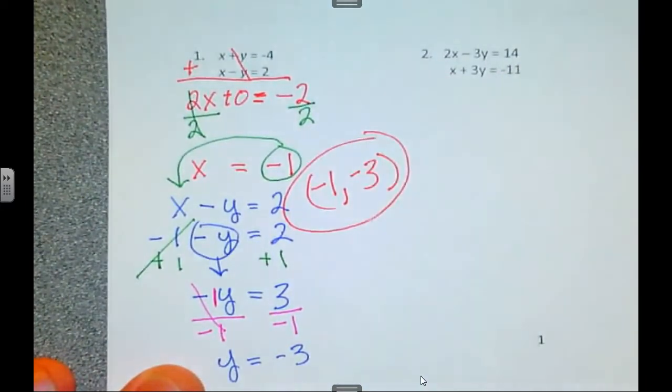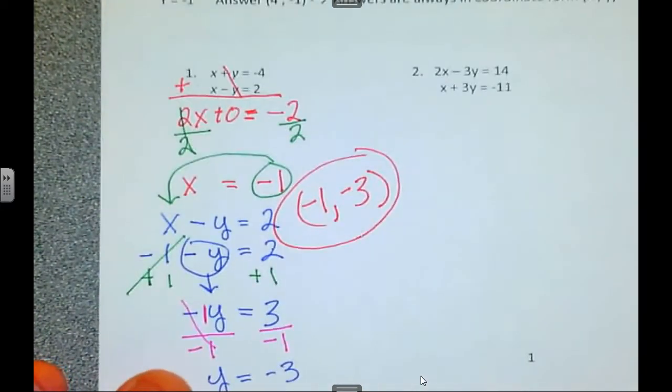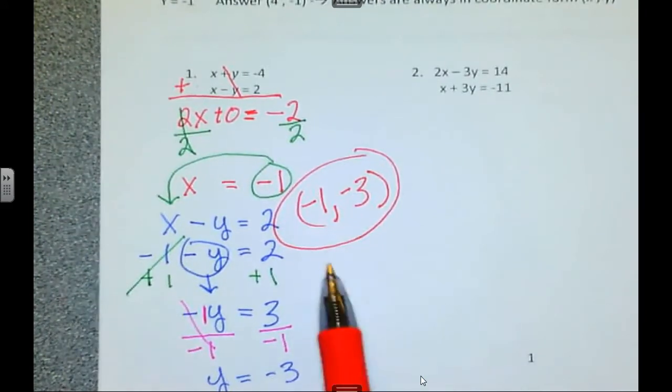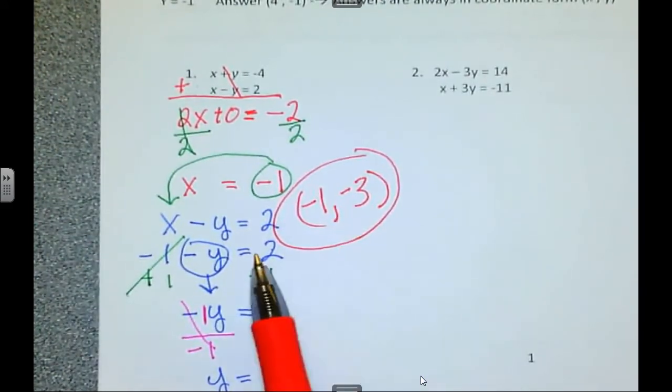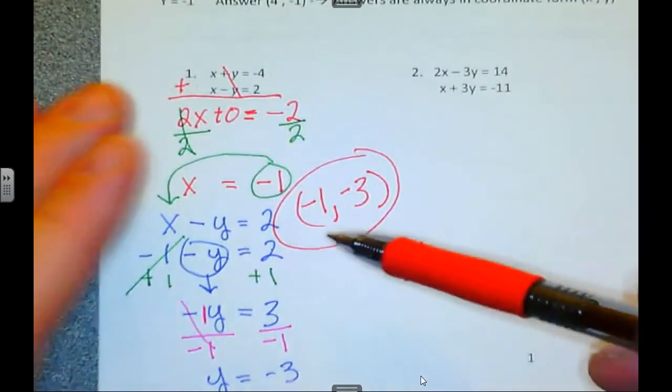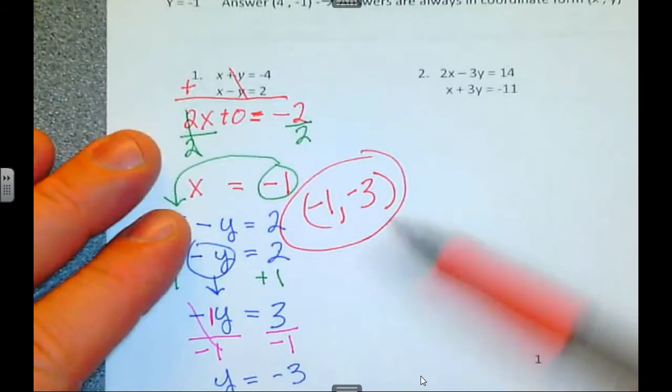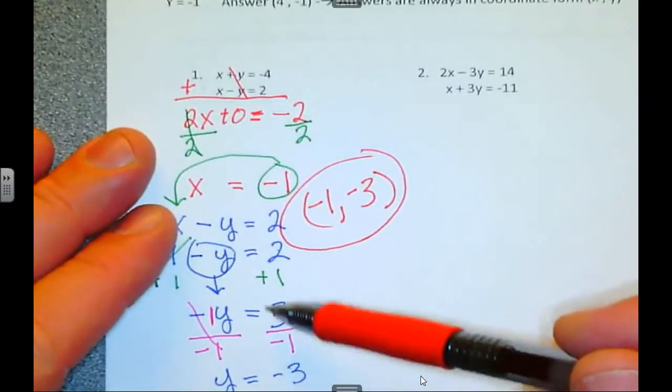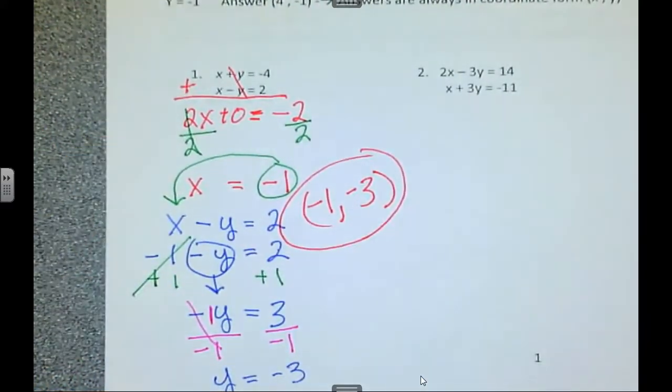By the way, on the quiz, there were a couple of you that didn't put it in this form. A couple of you just solved for x. You forgot to solve for y. I was trying to hand them back to you. But when you don't put it in this form, I have to go back and try to find your x and y value.